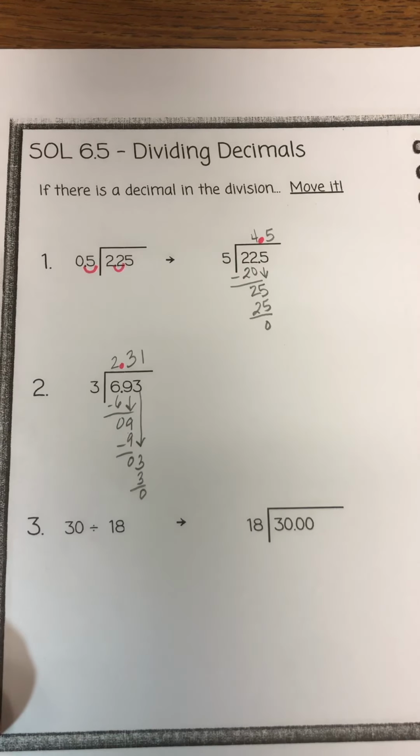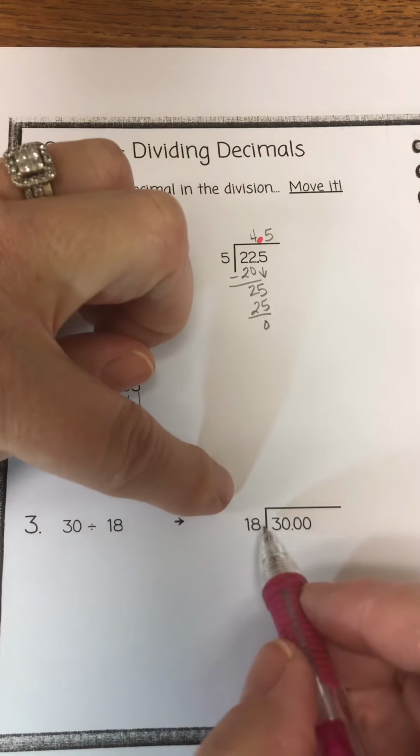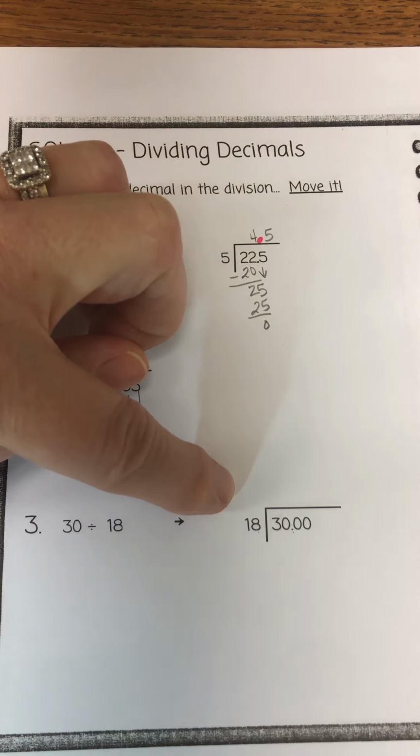Alrighty, so for this last one here, now this one is a bugger. I'm not even going to lie. It just is. So what we're going to do, okay, one, our decimal has been moved. We don't have a decimal here, so we just need to put it up in our quotient.